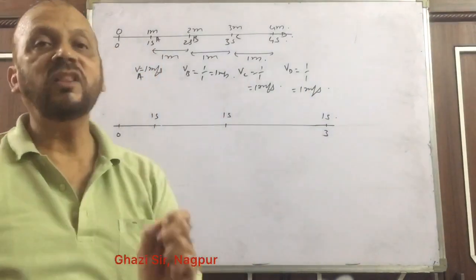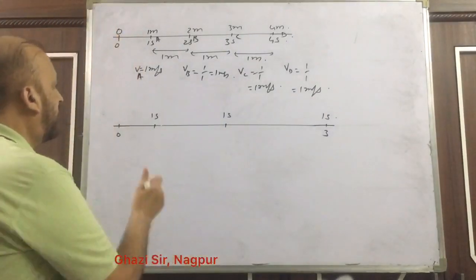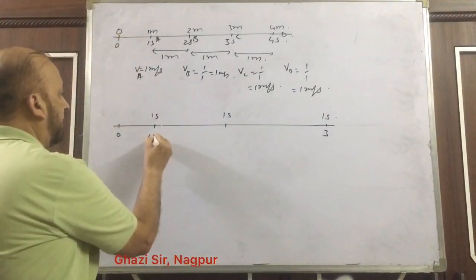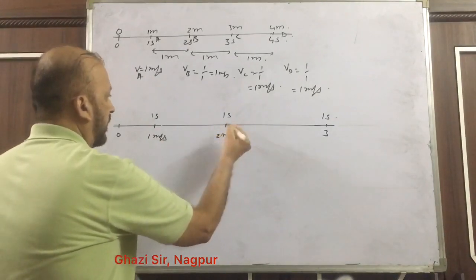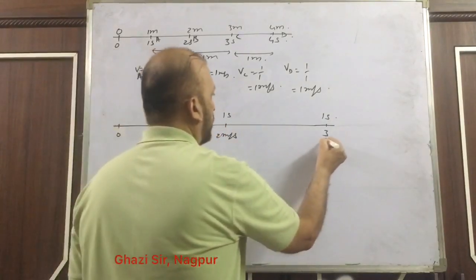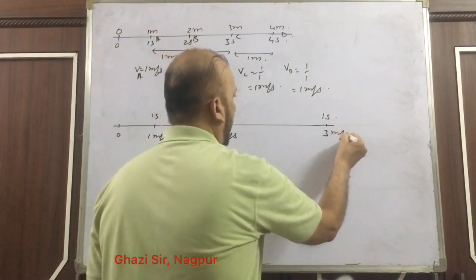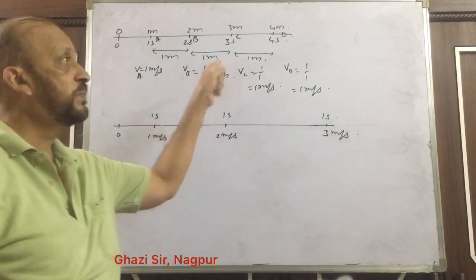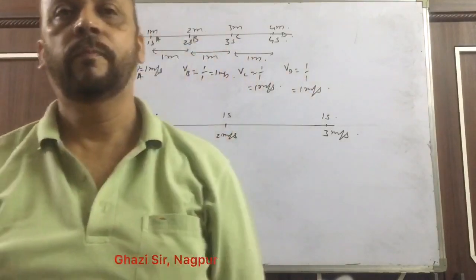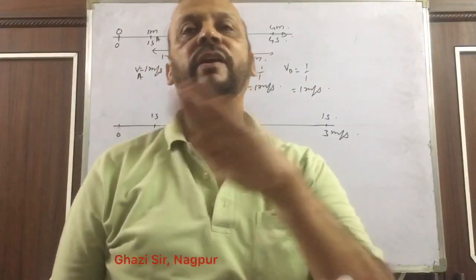If we calculate the speed, suppose speed at this point is say 1 meter per second. At this point suppose 2 meter per second. At this point suppose 3 meter per second and so on. In the first case, speed was constant at every time.